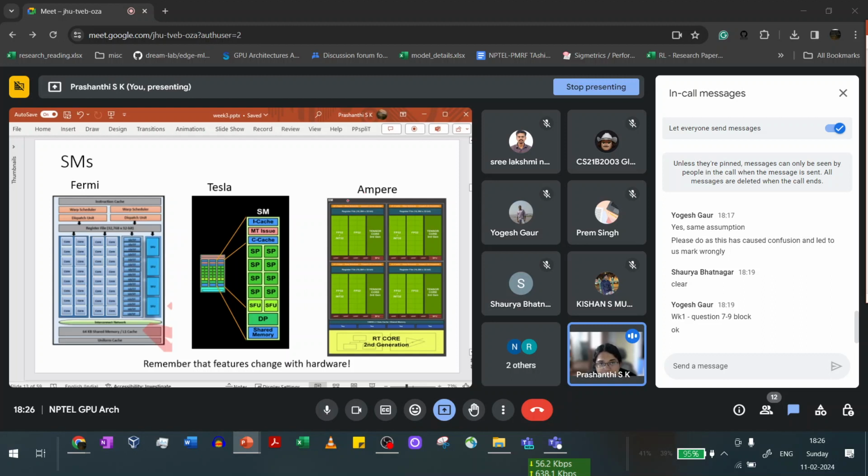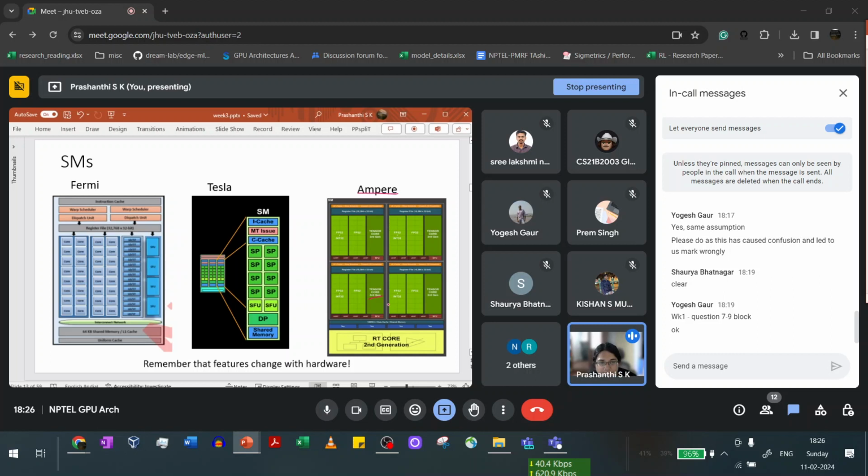For instance, Ampere is fairly recent. You can look at Ampere and then compare it with something like Fermi, which you learn in the course, and you'll see how many things have changed. You have something called a tensor core, which is not there in Fermi, and then you have support for a lot more data types, like mixed precision, not just FP32 and FP64, but also other different data types.